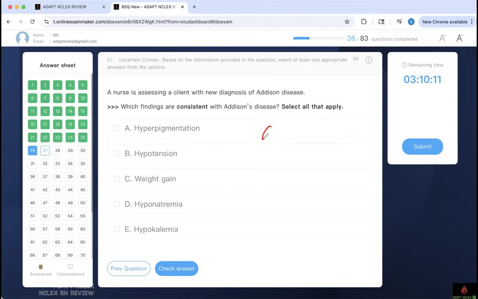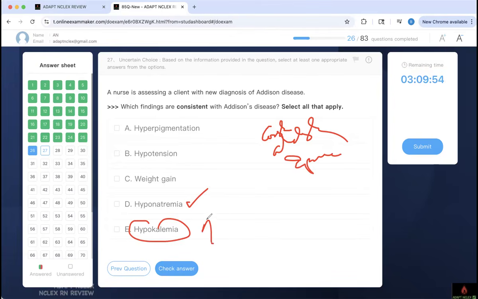In Addison, you don't have all the corticosteroids. You don't have aldosterone. It's not there. You don't have epinephrine. It's not there. Therefore, your sodium is going to go low, but your potassium is going to go up. You're going to lose weight because you have no sodium.